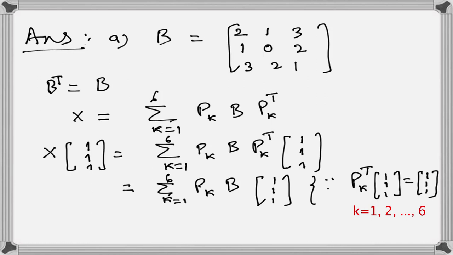Okay, so what is B times (1 1 1)? B is the matrix given above, so B (1 1 1) is (6 3 6).